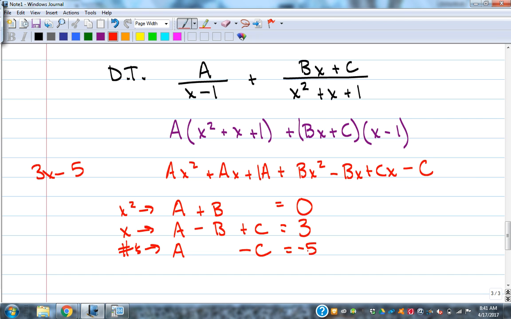So there's our system that we could, you don't even bring the variables in with the x. So 1, 1, 0, 0, 1, -1, 1, 3, 1, 0, -1, -5. So that's the matrix that we could use to solve that.